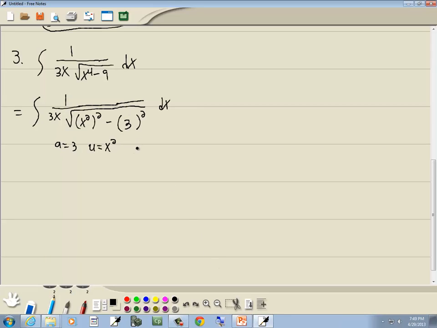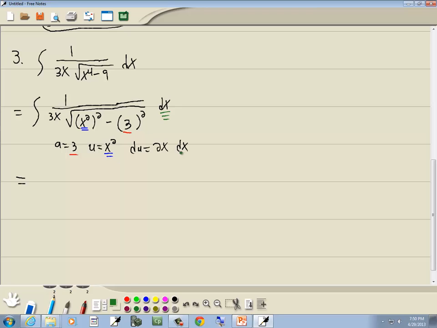Now if I take the derivative of that, derivative of x squared gives us 2x dx. Now I seem to be missing some items here. First off, let's see what's accounted for. That's going to replace that. This is going to replace that.